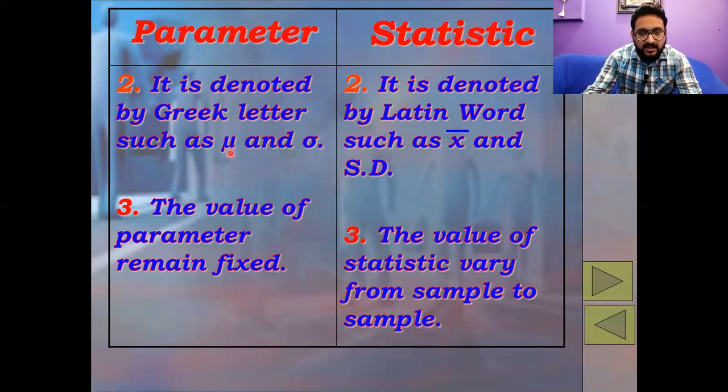The mean in the parameter is shown by mu, and the standard deviation by sigma. So these are the Greek letters for mean and standard deviation.